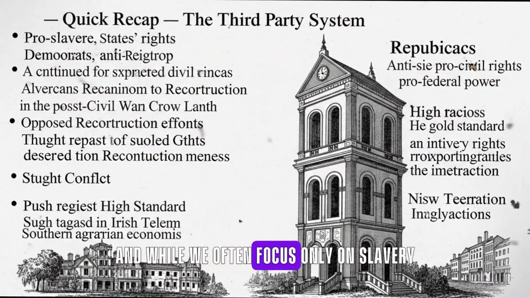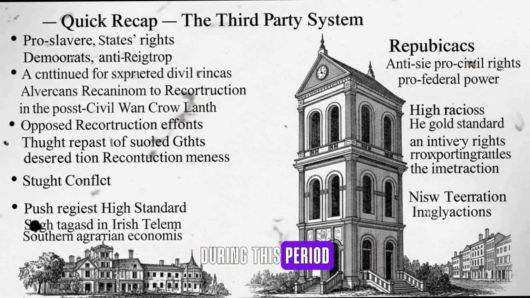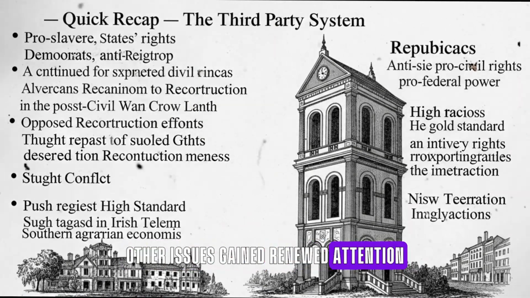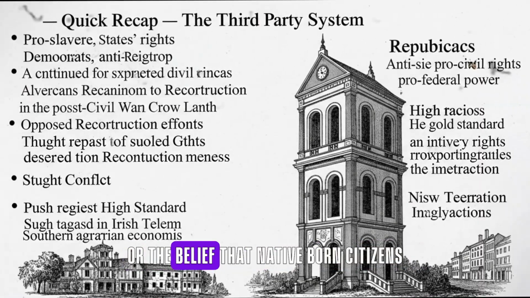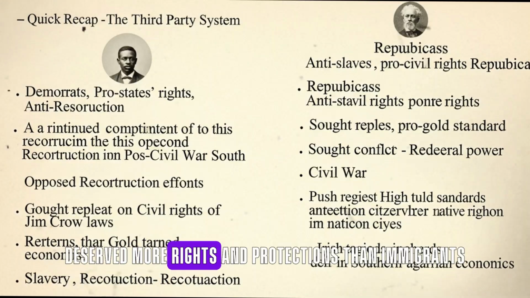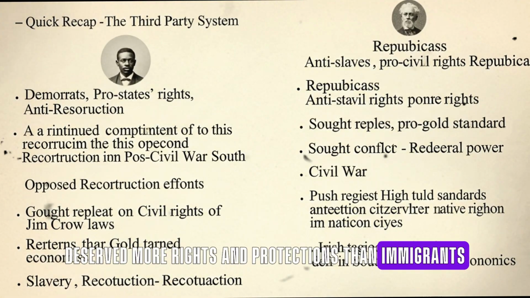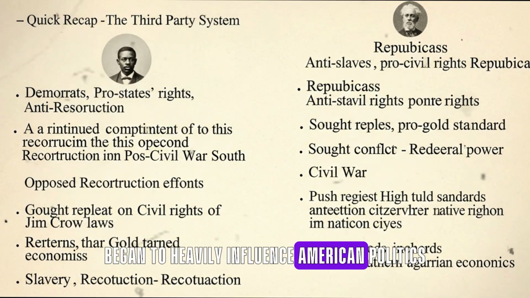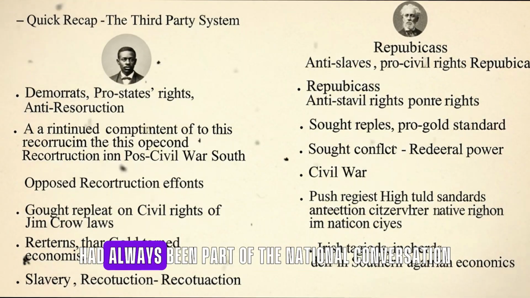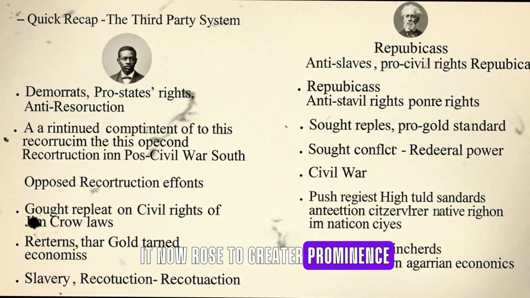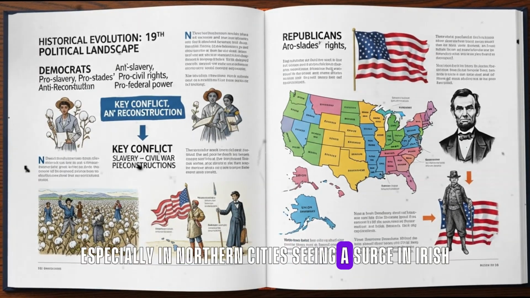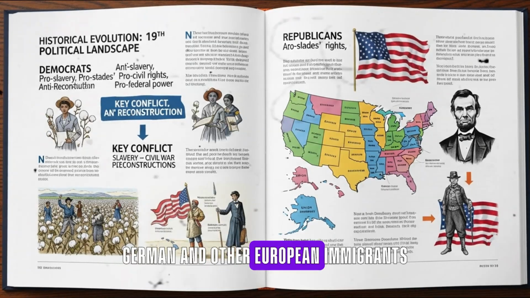And while we often focus only on slavery during this period, other issues gained renewed attention, including immigration. This is when nativism, or the belief that native-born citizens deserved more rights and protections than immigrants, began to heavily influence American politics. Though immigration had always been part of the national conversation, it now rose to greater prominence, especially in northern cities seeing a surge in Irish, German, and other European immigrants.